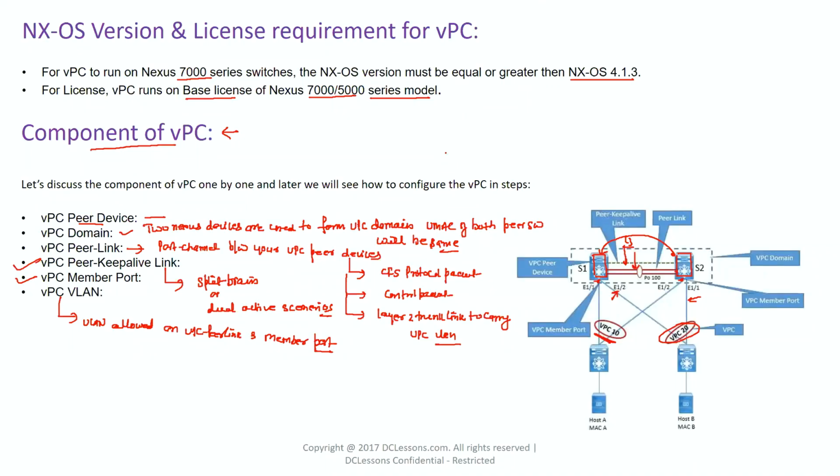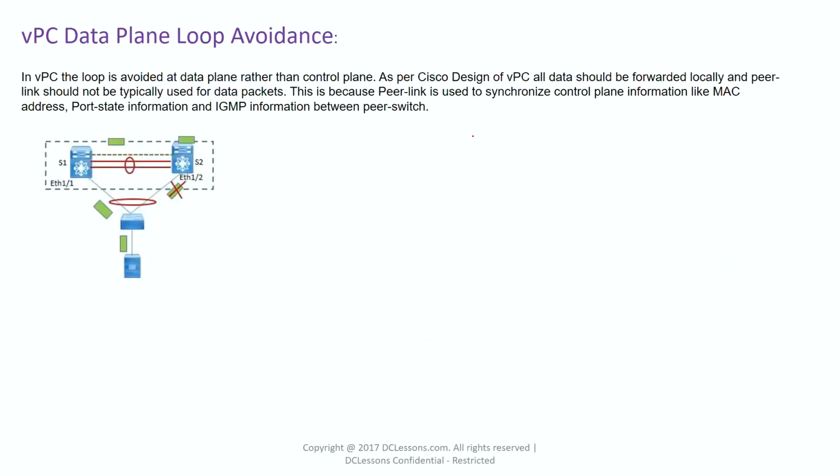Now we will see another topic. We will see how data loop avoidance is done on a VPC data plane. In VPC, the loop is avoided at the data plane rather than the control plane. When data traffic flows, like broadcast traffic or known unicast, for those types of traffic the loop is avoided, right?